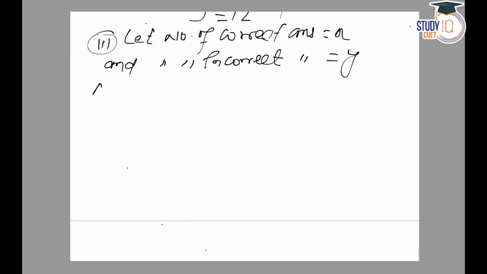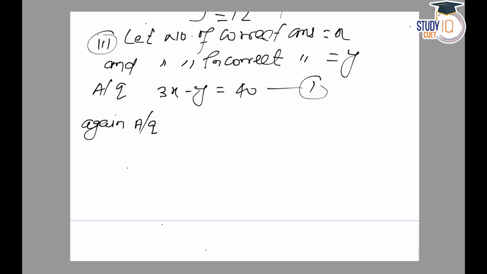So according to the question, 3x minus y equals 40. It is equation 1. Again, for the second case, 4x minus 2y equals 50. That is 2x minus y equals 25.